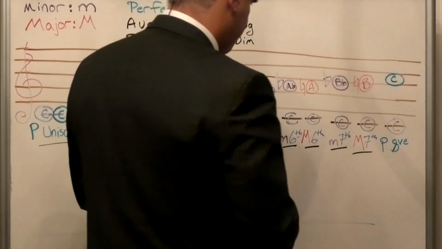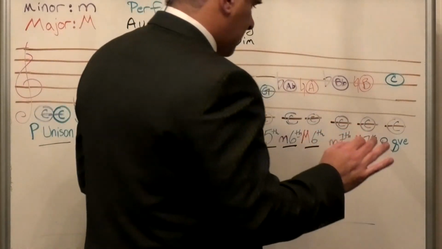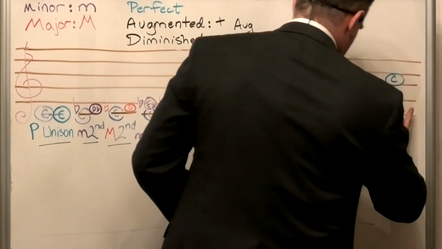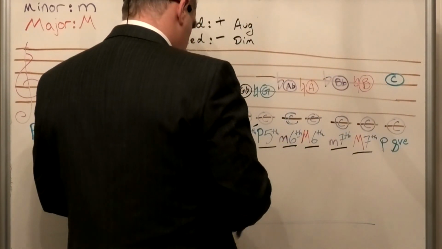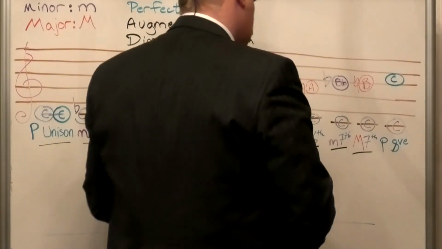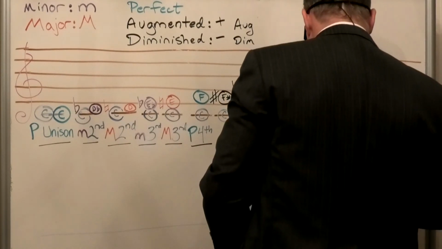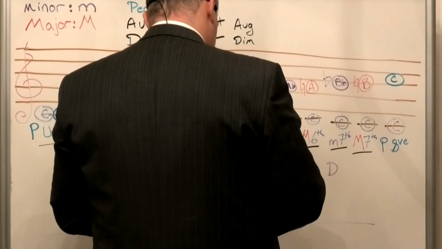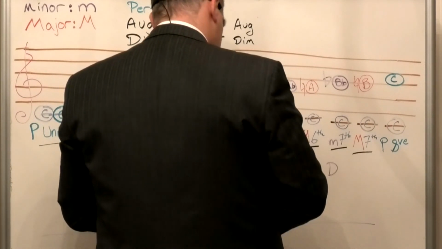Now this minor seventh has another name. Depending on the context, depending on the chord before and the chord after the minor seventh, it could be called a dominant seventh. We won't worry about why right now. But if we have a capital D, know that it's the dominant seventh.